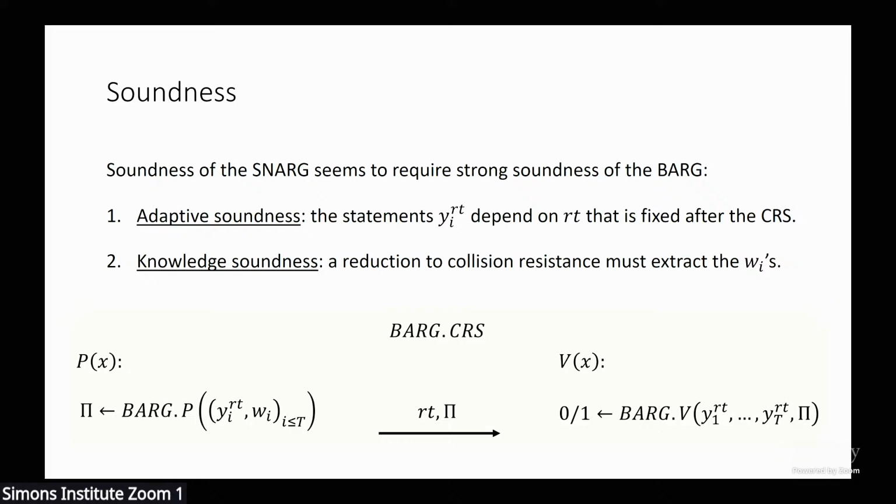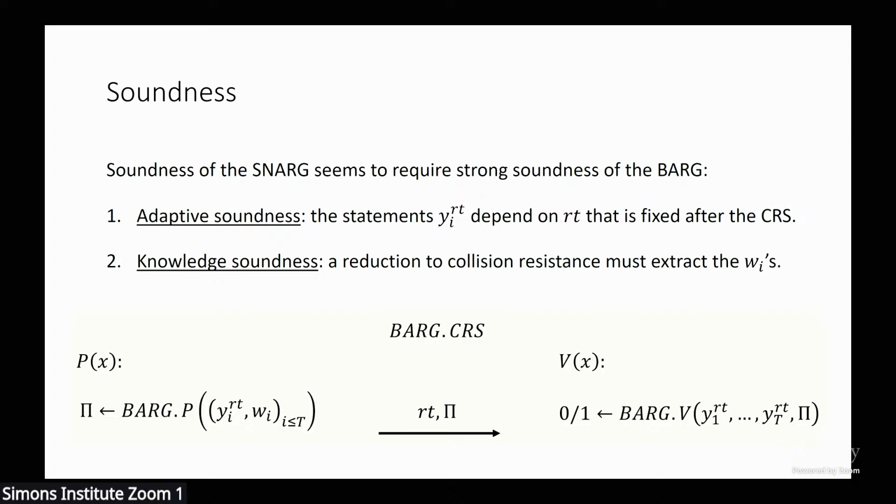We want to reduce this type of adversary to finding a collision. But in order to do that, we have to extract the witnesses for these statements. This is where the authentication paths are actually found. So without adaptive soundness and knowledge soundness, we're kind of stuck.